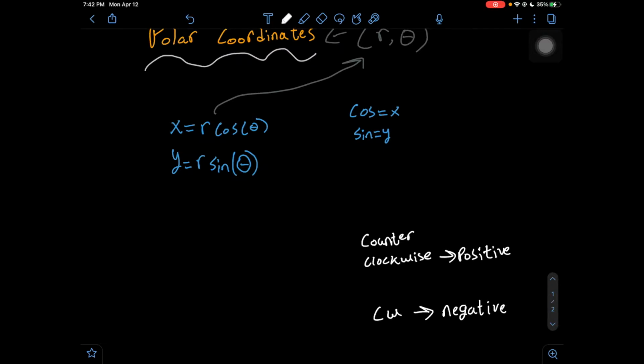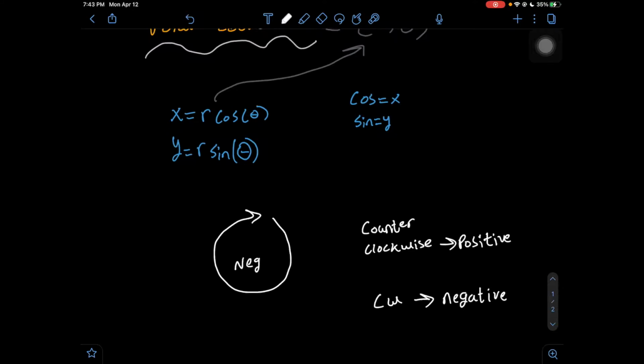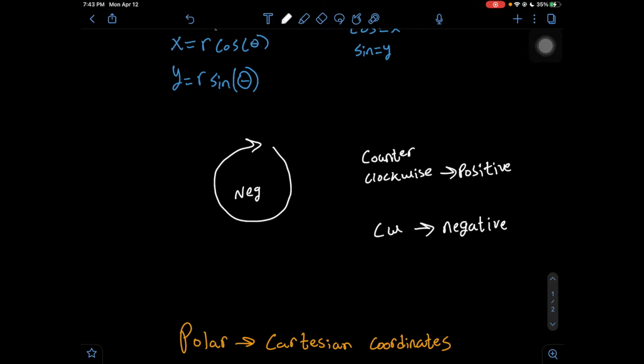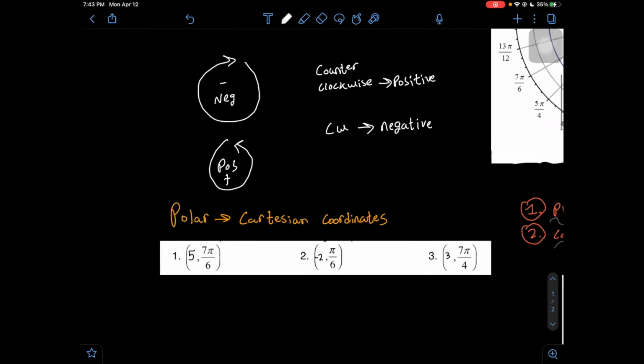And if you know how a clock works, a clock usually goes like this. So that means this is negative, but then if you go from here, this is positive. Positive and negative. Well, now let's go ahead and do some practice problems.